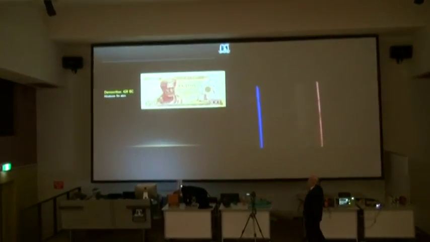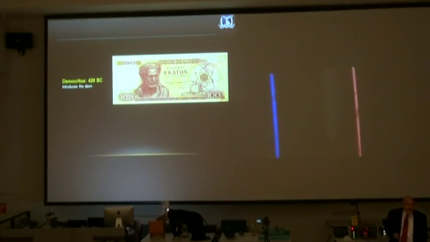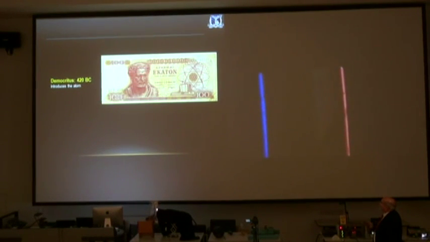Atoms started a long time ago. As far as we know, Democritus, also famous for discovering a system of government that seems to be better than any of the others, is commemorated on this Greek 100 drachma banknote, which I kept from when I was a backpacker around Greece in 1981.